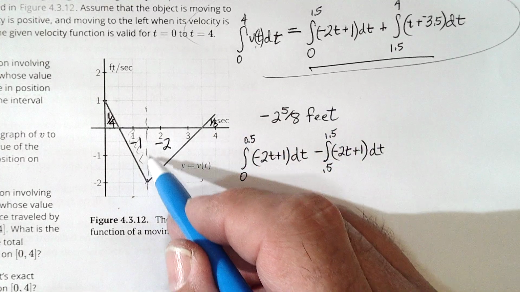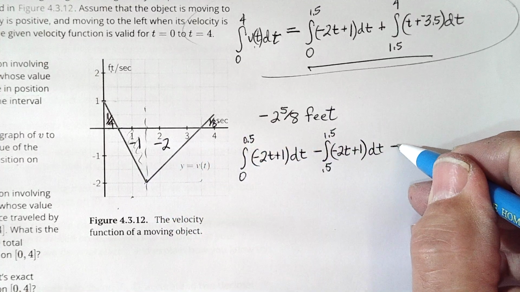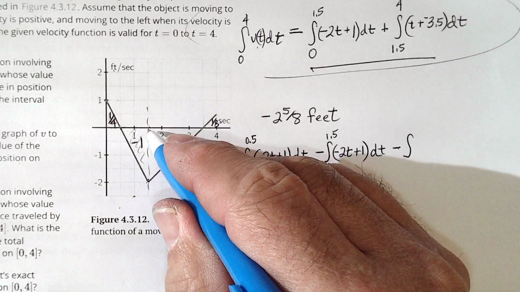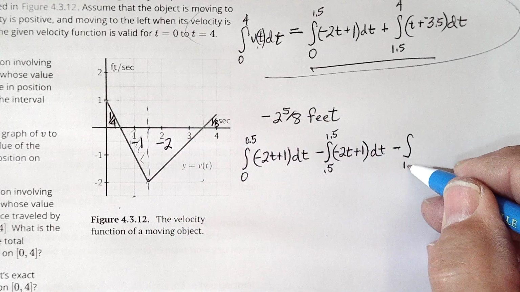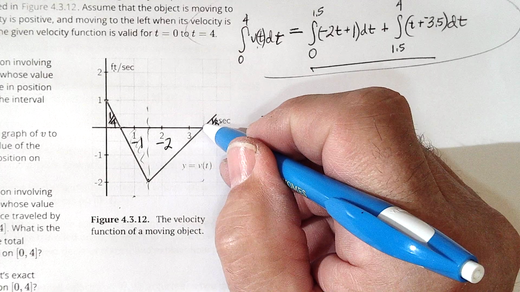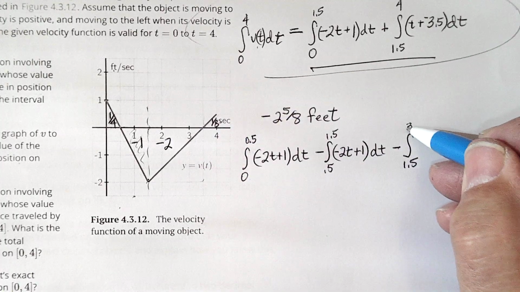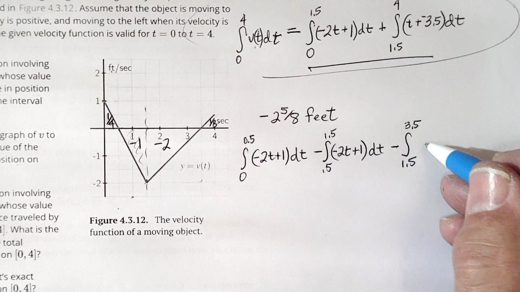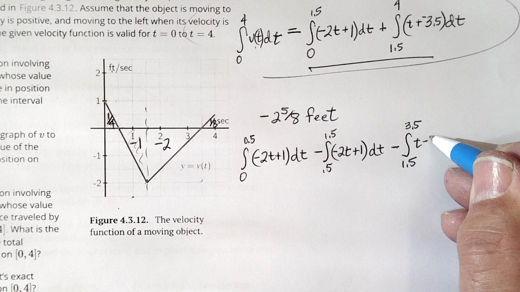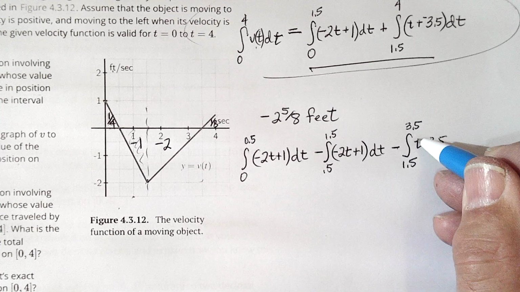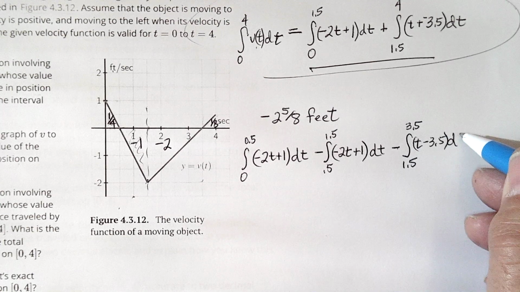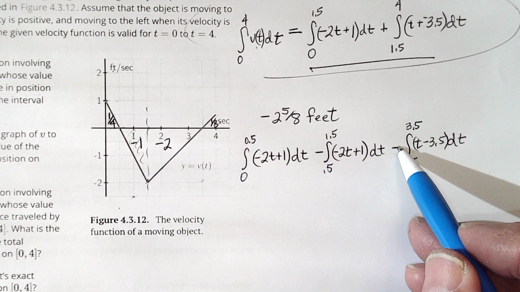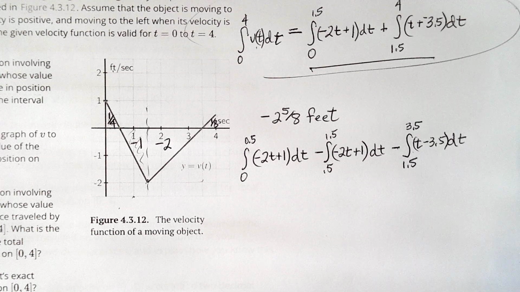Then I've got this negative area, so I'm going to subtract to make it positive, and the integral is going to be from 1.5 to 3.5 of this equation, t minus 3.5. This area is negative, and so I'm subtracting it to make it positive.